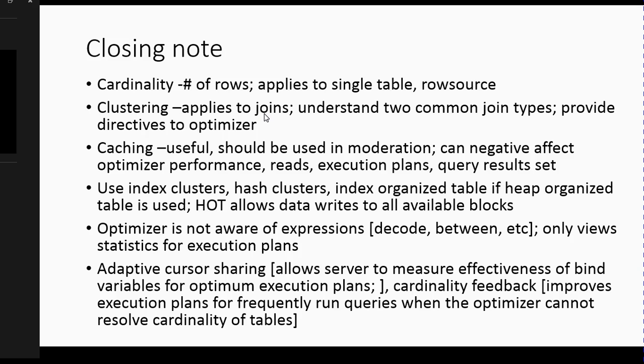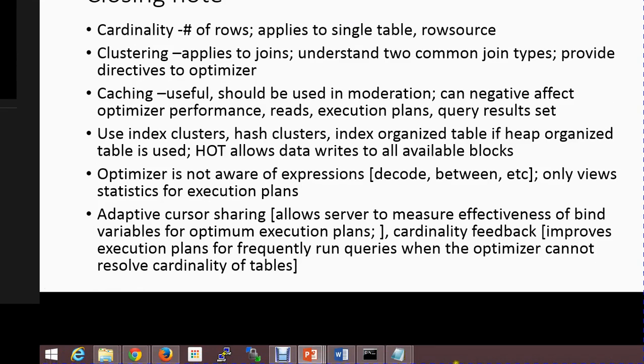If the optimizer has a particular number of rows in mind, then cardinality feedback is going to nudge it forward in figuring out exactly what that number of rows is.